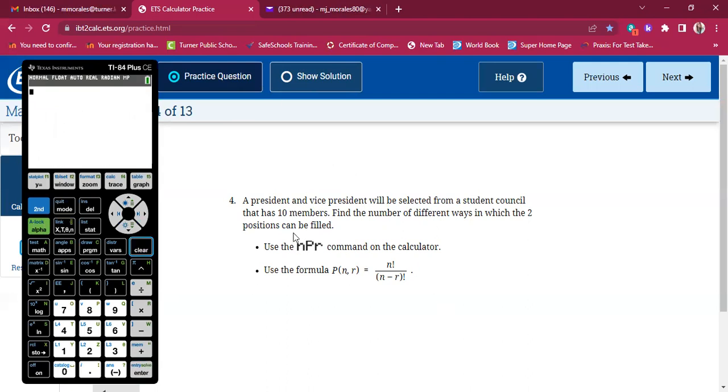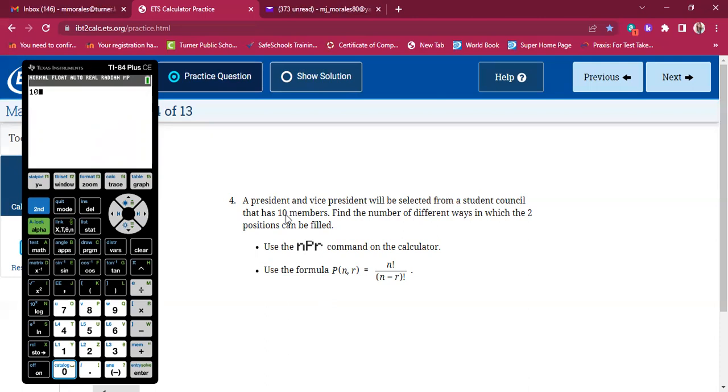Okay, so we want to find the number of different ways in which the 2 positions can be filled from 10 members. So this is what you're gonna do. You have to press 10 first for NPR. So 10, if you're using your calculator, this one is NPR.